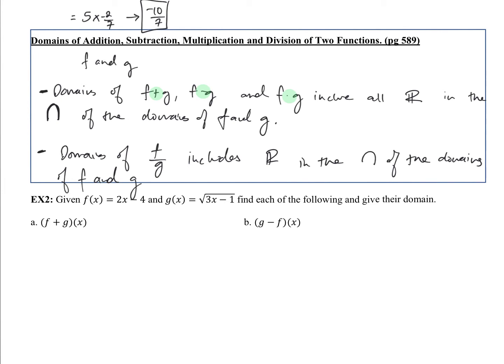What do you think? We're working with a fraction. What else do we need to be careful about? Except when g of x is equal to 0. So we cannot have g of x equal to 0, so we have to take the numbers out that make that happen.